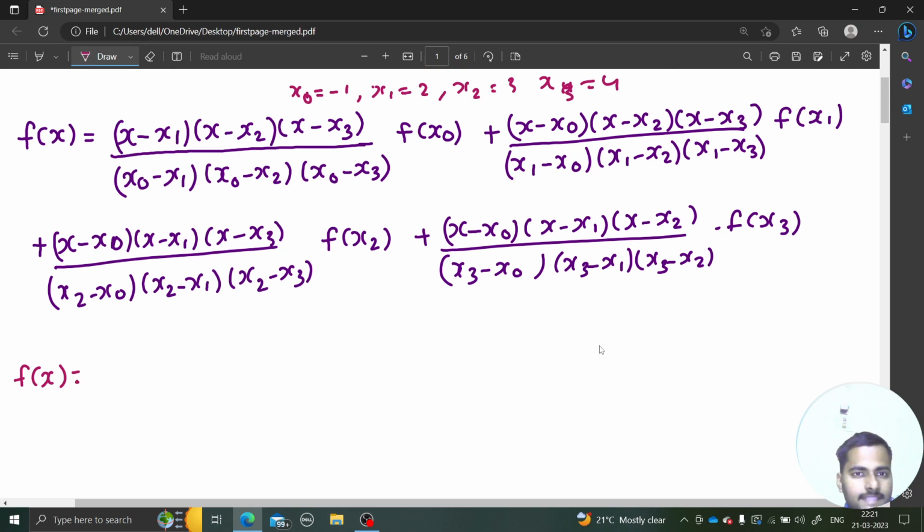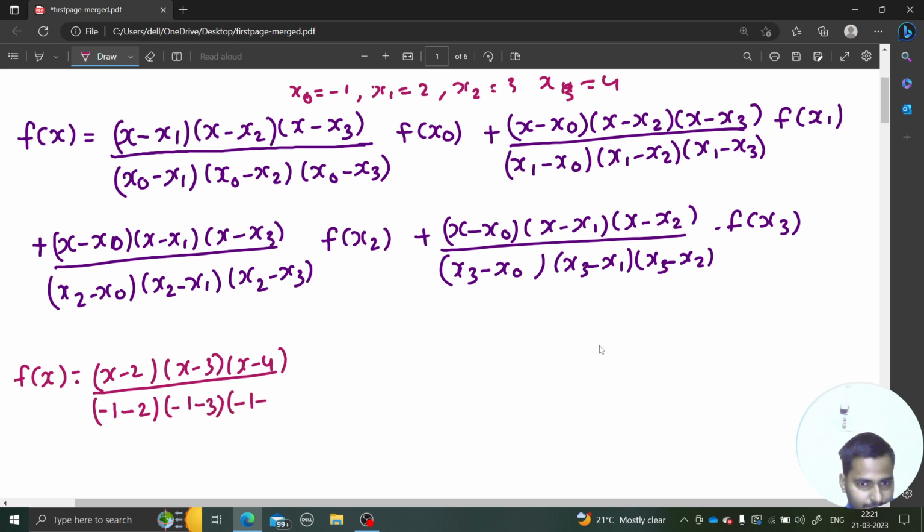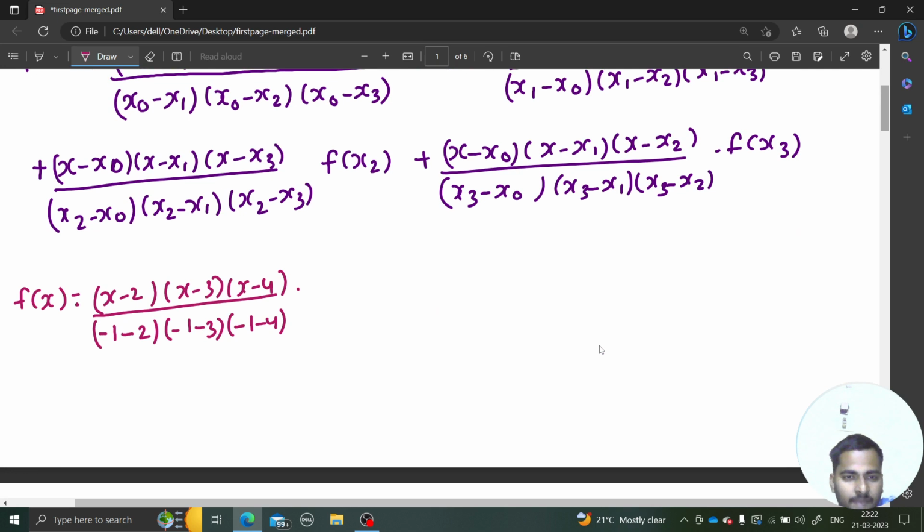So x minus x1, which is 2, so x minus 2, x minus x2, x minus x3, x0 minus x1, x0 minus x2, x0 minus x3. And what is f of x0? That is minus 1.